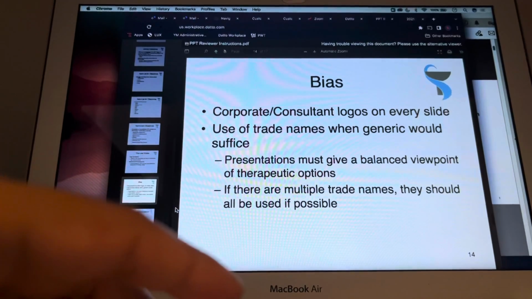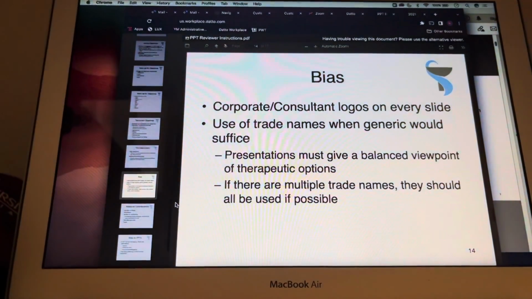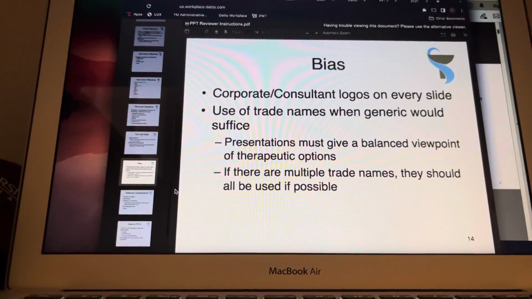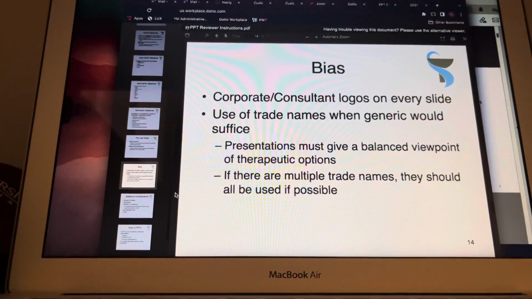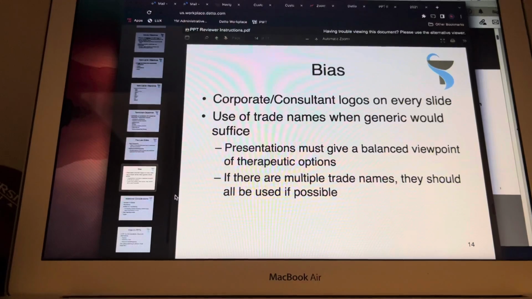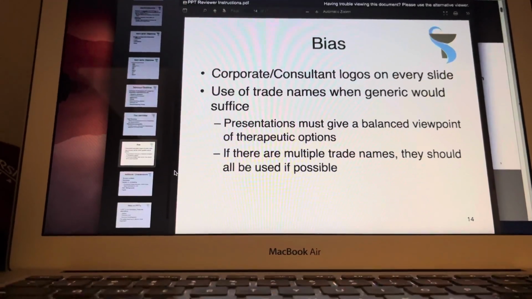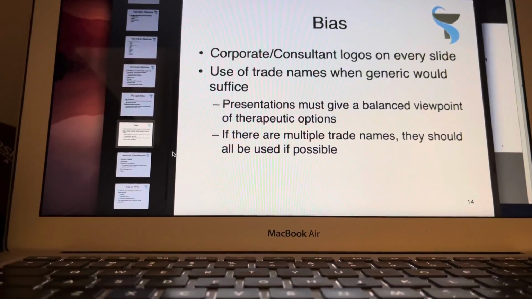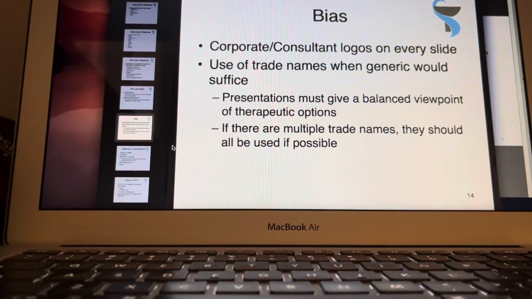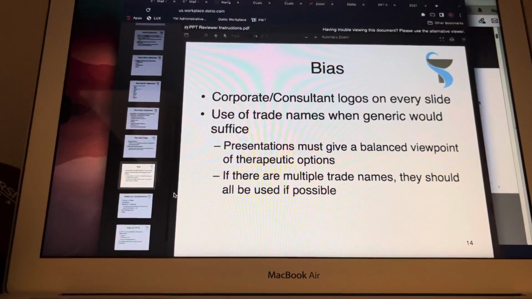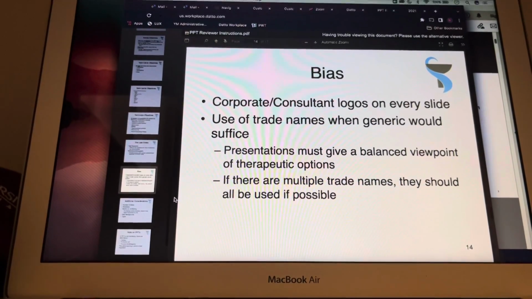One thing we want to look out for when reviewing these PowerPoint slides is bias. Corporate consultant logos on every slide may or may not be needed. However, if there is financial disclosure that the speaker has with a specific company, we will not be able to accredit their CE session.